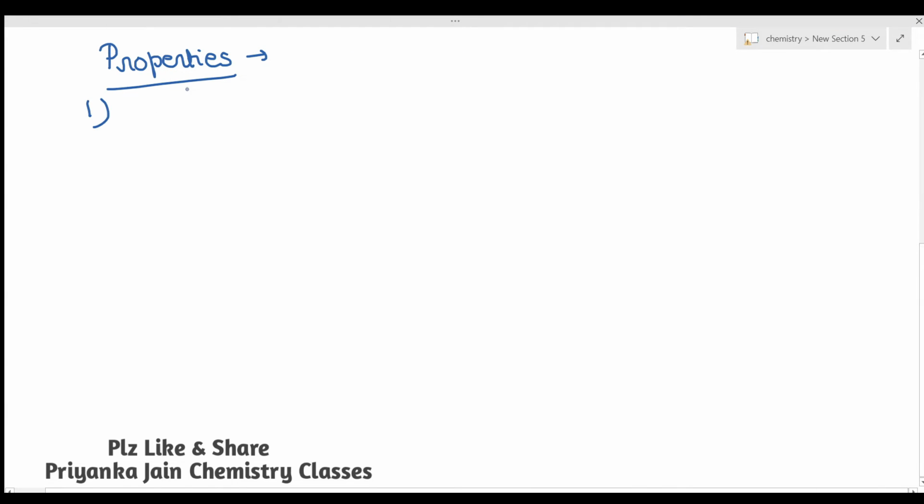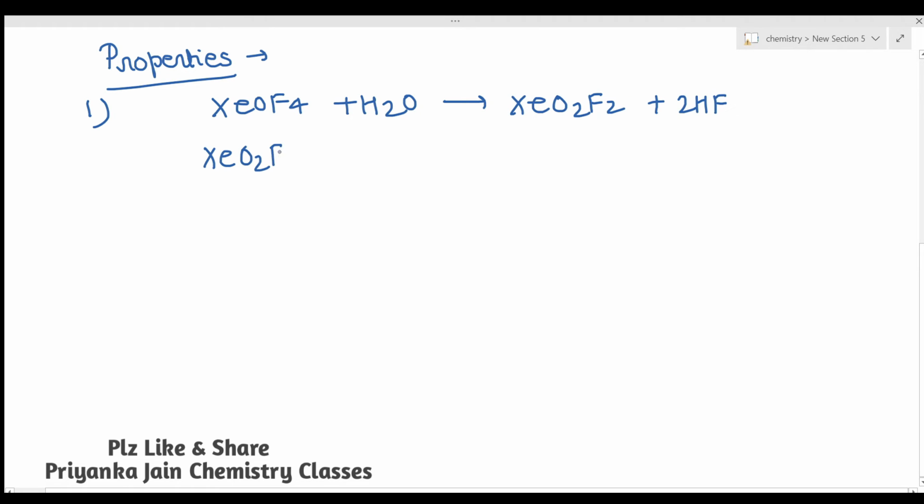Firstly, it reacts with the water or SiO2 to give XeO2F2 and XeO3. It means if we react XeOF4 with water, then it will form firstly XeO2F2 plus 2HF. Then this XeO2F2 again reacts with H2O and it forms XeO3 and 2HF.